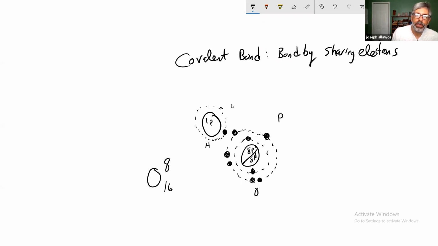Another hydrogen can come along on the other side with its 1 electron. And what can happen is they can share electrons here. So this one gets shared and this one gets shared with the outermost shell of the oxygen. This is a hydrogen. And so what it would then look like is this.